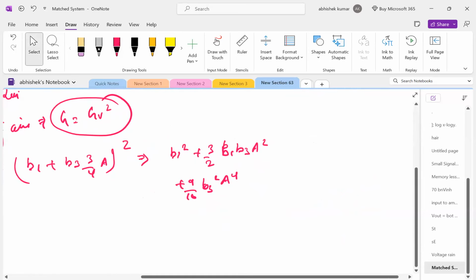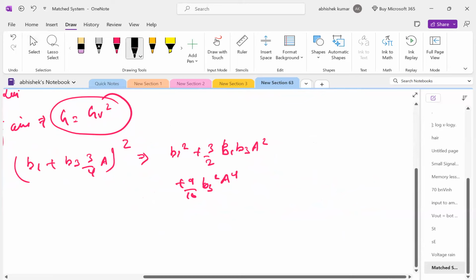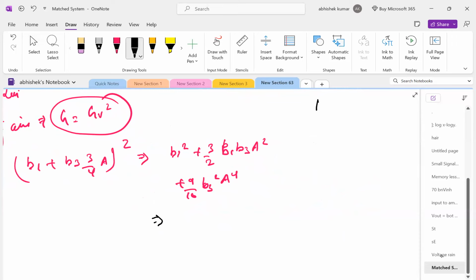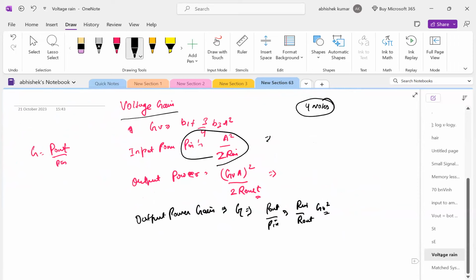We want this in terms of P input, and we can substitute a square here. We already saw that a square equals 2 R in into P input, and a equals the square root of 2 R in P input.